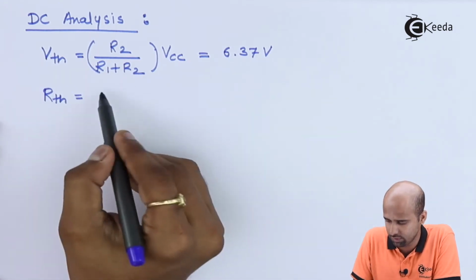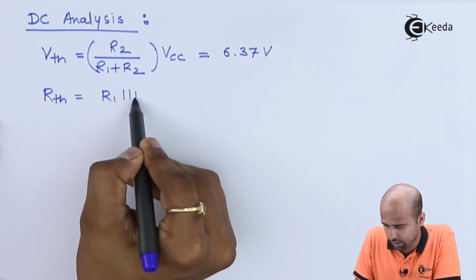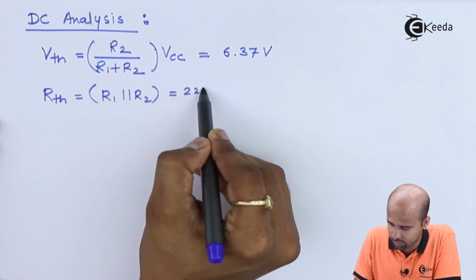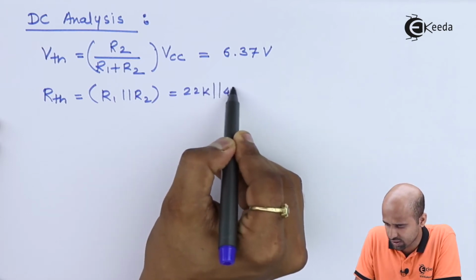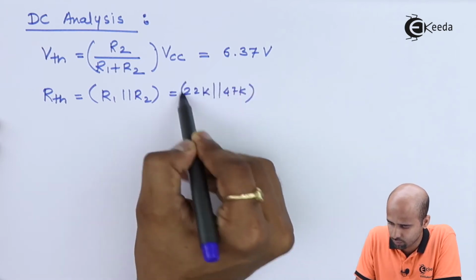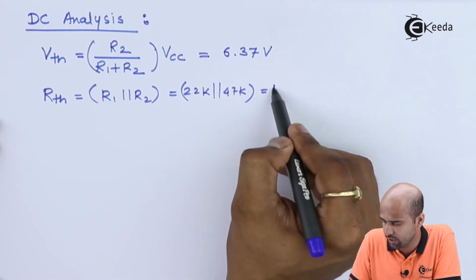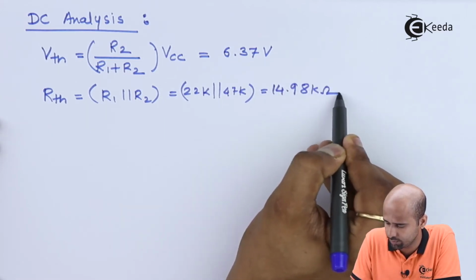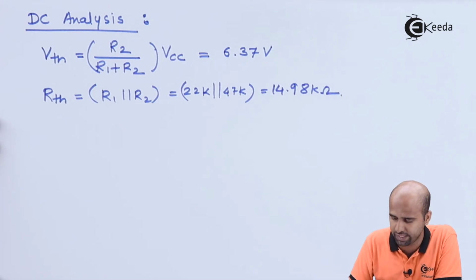RTH is equal to R1 parallel R2. This value is nothing but 22K parallel to 47K, and it is coming out to be 14.98 kilo ohm. So we know the value of VTH and RTH.